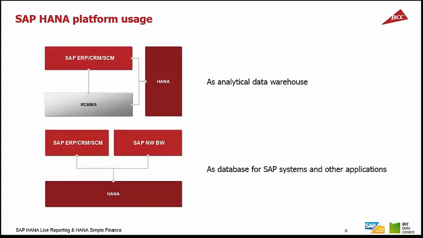The other use for SAP HANA is just as the database for applications. This can be SAP applications like ERP, CRM, SCM, or BW, but also some other user applications where SAP HANA plays the role of a database.